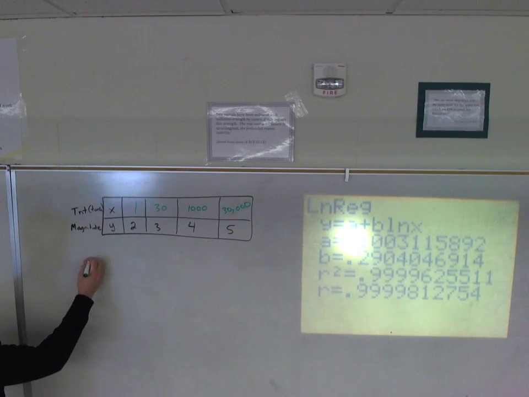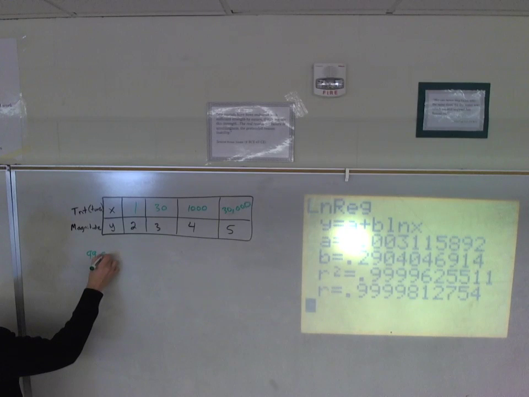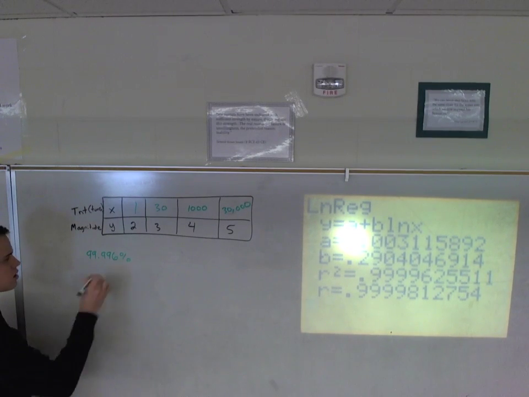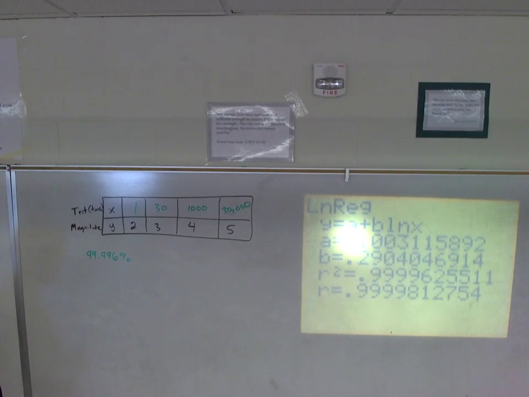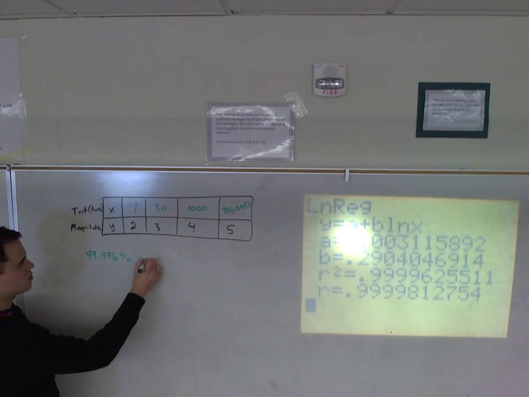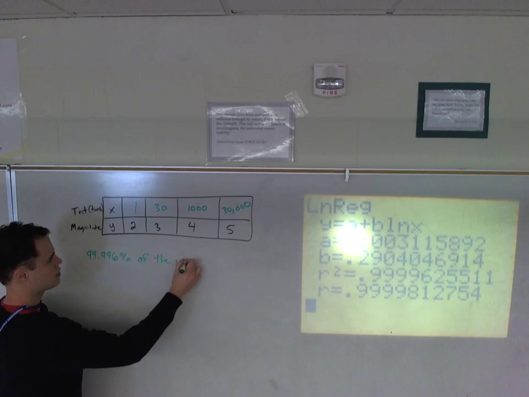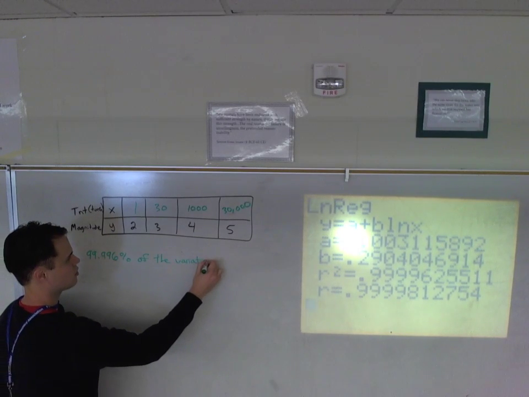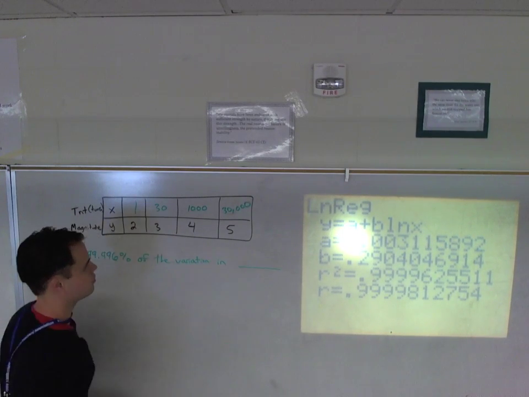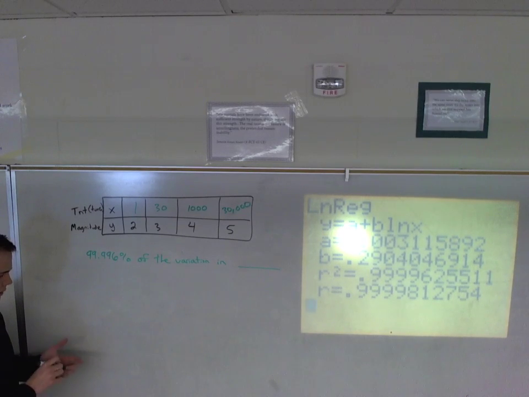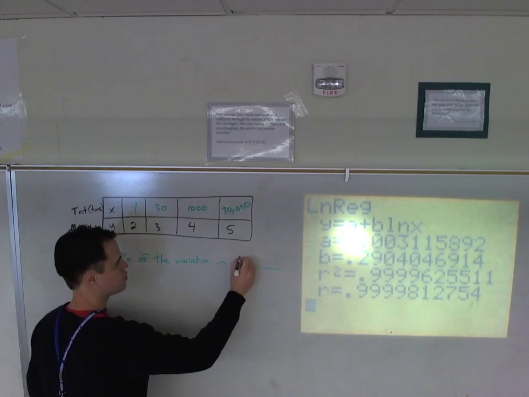So let's say it in context though. 99.996, insane. 99.996% of the variation in the y variable, which is what? Magnitude. In the magnitude of the explosion.